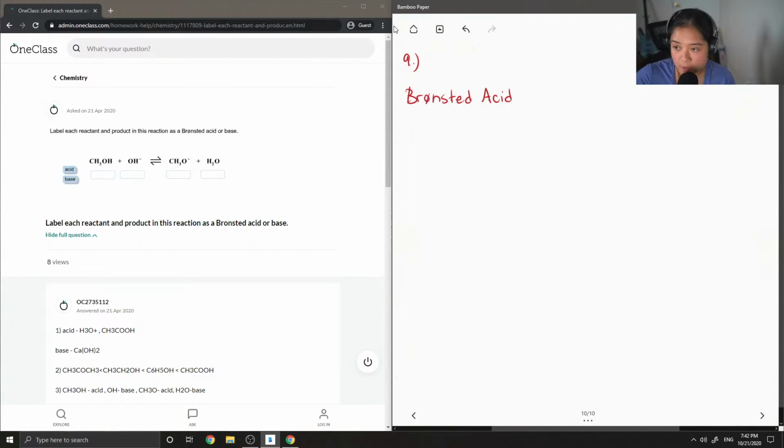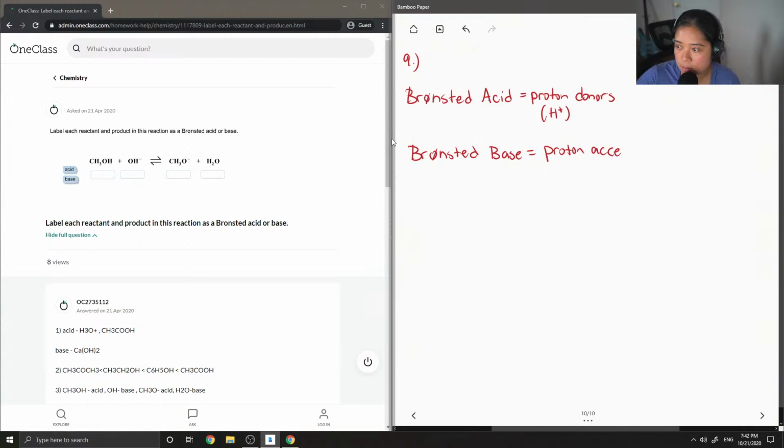So Bronsted acids are proton donors. H+. And Bronsted bases are proton acceptors.